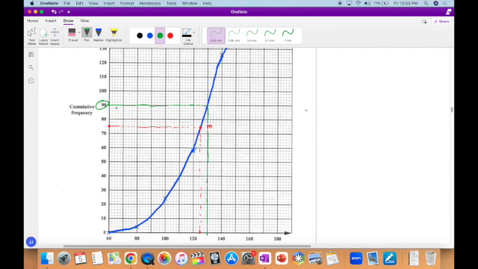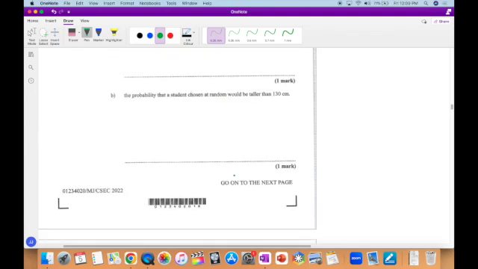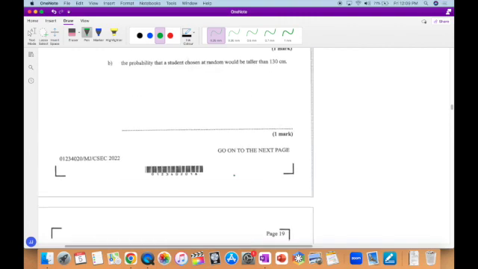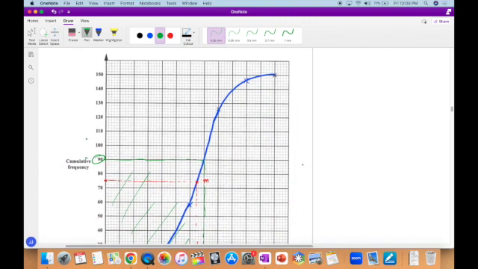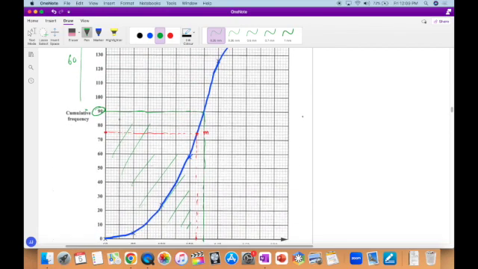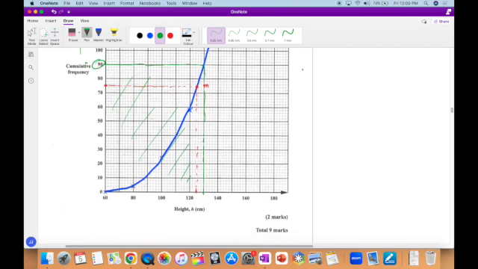That means 90 students are shorter than 130 centimeters. So we want the probability that a student chosen at random would be taller. The difference from 90 to 150, 150 minus 90, gives us 60 students. So 60 students will be taller than 130.